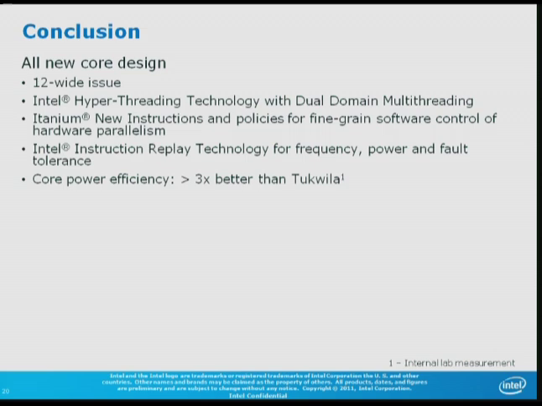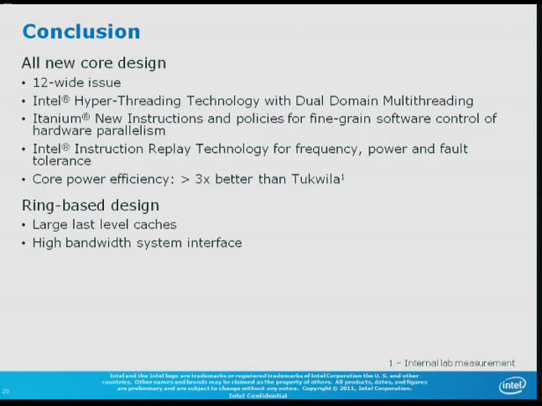It's got a replay-based pipeline that reaps benefits in frequency, power, and fault tolerance. And the net result is our core power efficiency is at least 3 times better than Tukwila's. In other words, we've redesigned the core, and we've done it in such a way that it will not only scale to this generation, but future generations as well.